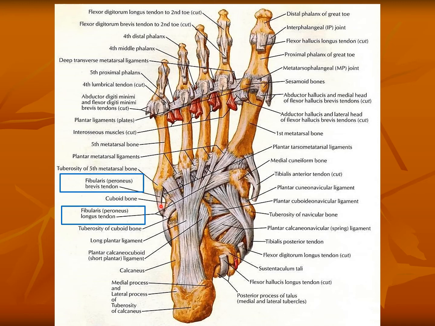These two, which are present on the lateral side, come from the lateral compartment of the leg, and they act as suspension bridges over here. You can see longus and brevis from the peroneal compartment.